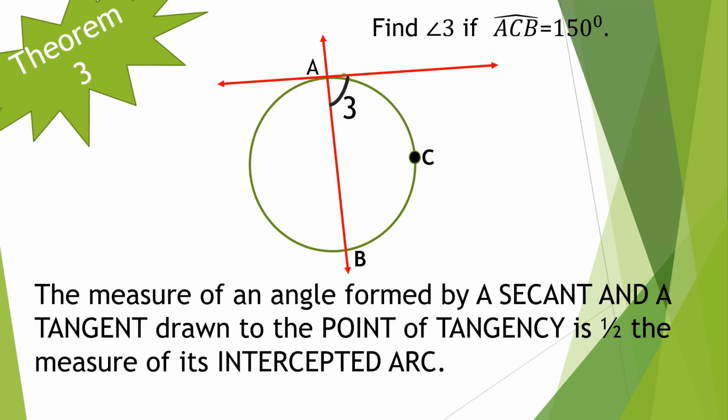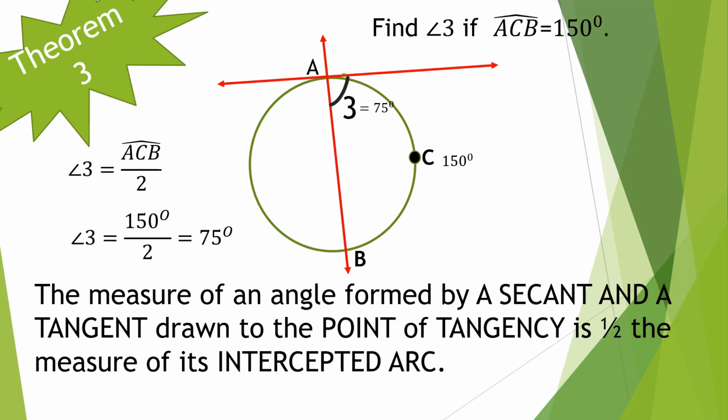Supposedly, arc ACB is equal to 150 degrees. So in getting angle 3, it is just 1/2 of ACB. 150 over 2 is equal to 75. So the measure of angle 3 is equal to 75.